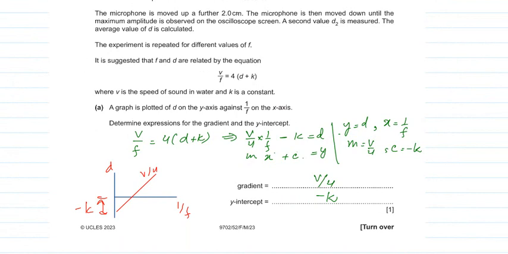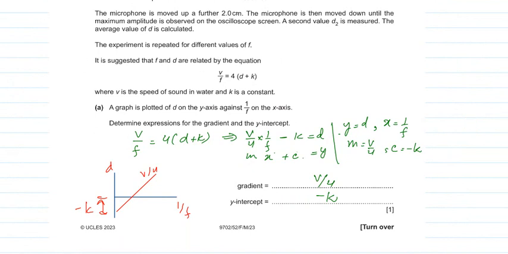So if we equate with y equals mx plus c, d will be your y, 1 over f will be the x, v over 4 will be the gradient, and minus k will be the y-intercept.